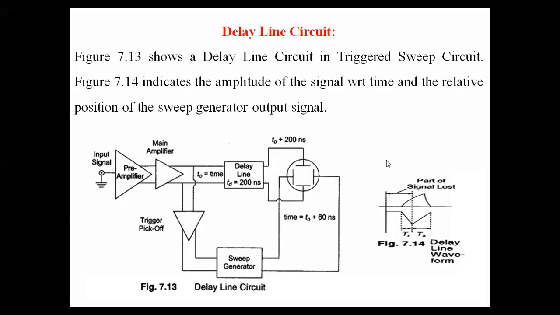So we are discussing the delay line. Suppose the voltage is produced after the vertical amplifier, and that is the time t0. To process this signal through the horizontal deflection system and apply it to the horizontal deflection plates to get the x-axis of the signal, it takes about 80 nanoseconds.